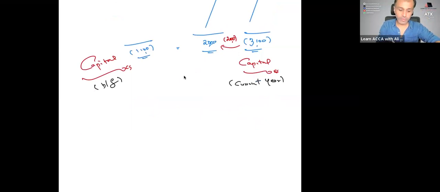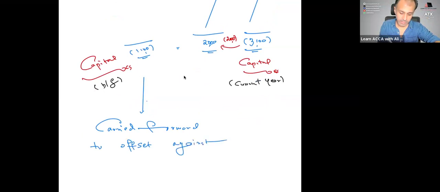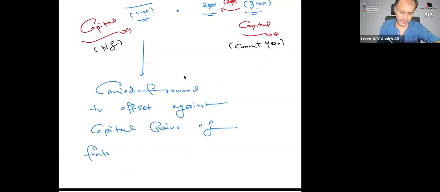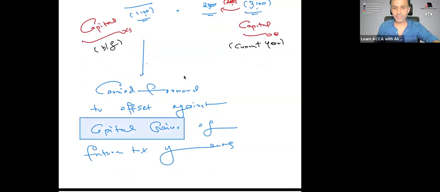I can even write the rule of law down below. This will be carried forward to offset it against the capital gains of the future tax years. Now, for how many years can we carry it forward? That's infinite. This is going to be for an infinite number of tax years.